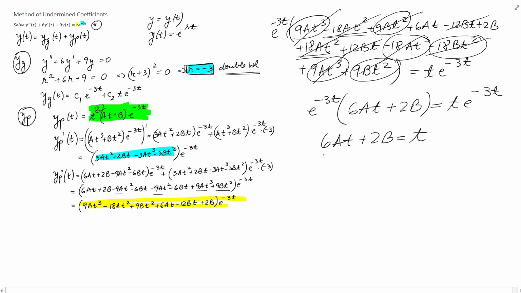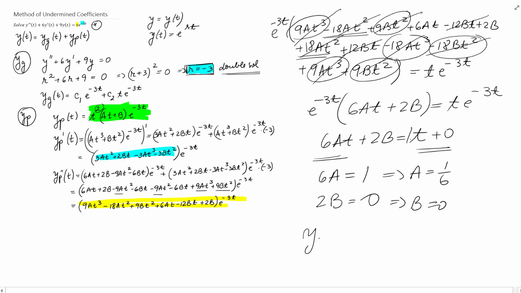A linear expression on one side equals a linear expression on the other if the coefficients are equal. So 6a, the coefficient of t on the left side, equals 1, which is the coefficient of t on the other side. 2b, the constant on the left side, equals 0 because that's the constant on the right side. So we end up with a equals 1/6 and b equals 0.